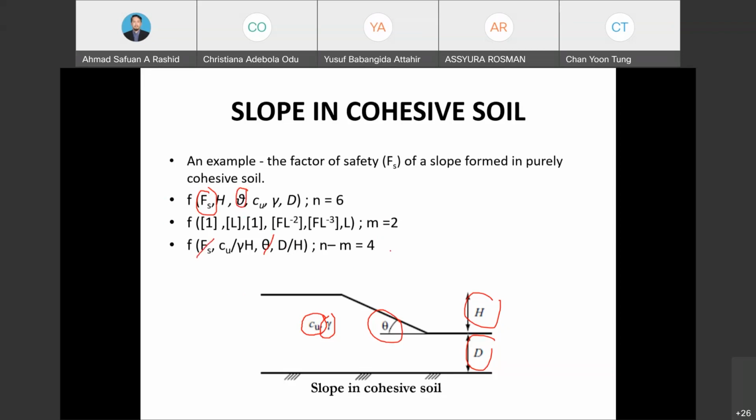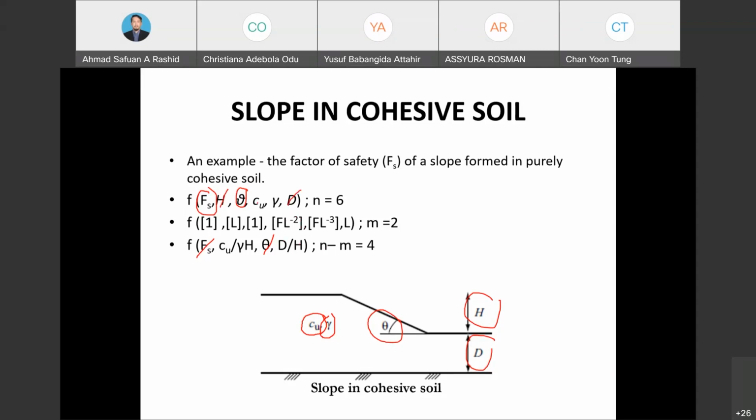So the remaining number of the dimensionless equations is 2. Then we may create the other one, which is the easy one, D and H. So D over H will be the third one.